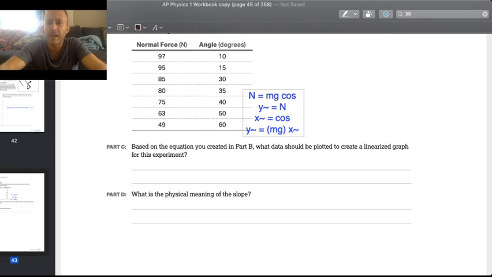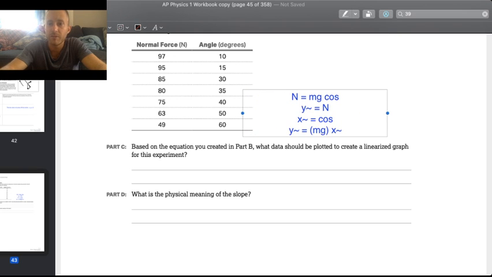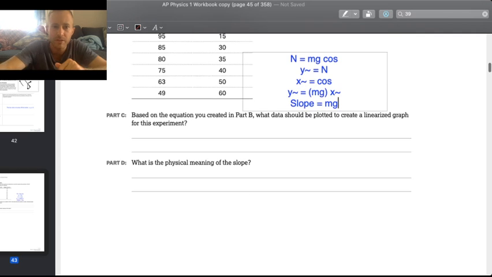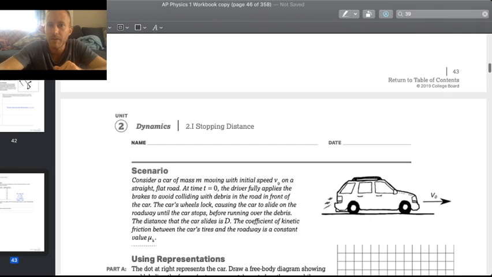And so that's the graph of a line. And furthermore, it would tell me that the slope is going to be mg. So that I answered part D as well. All right, and that's it.